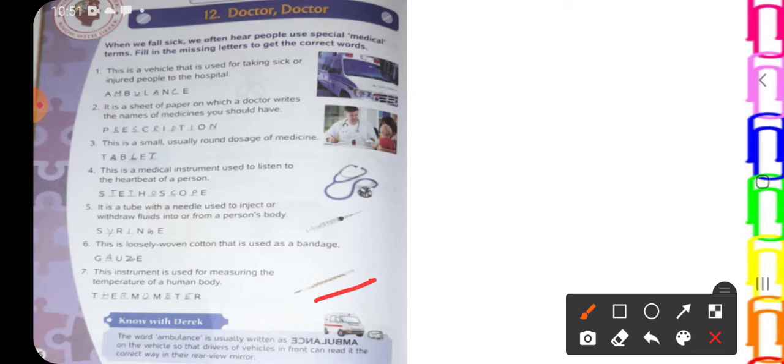It's a thin instrument, and you put it inside your mouth, and then you measure the temperature of your body, usually when you are suffering from a fever.